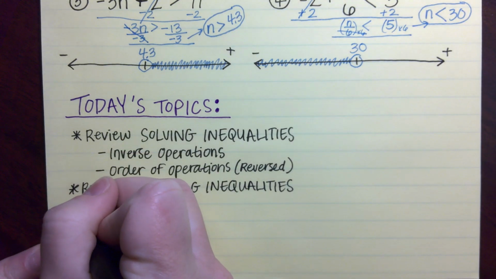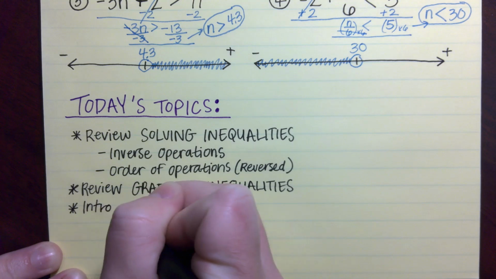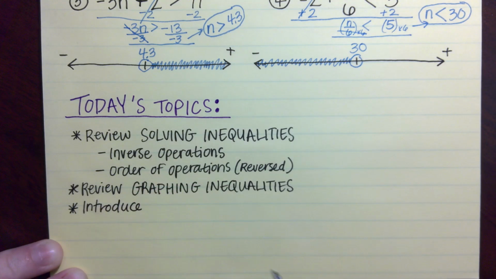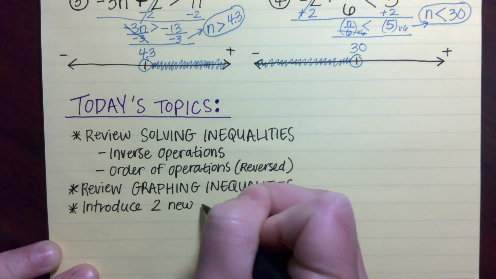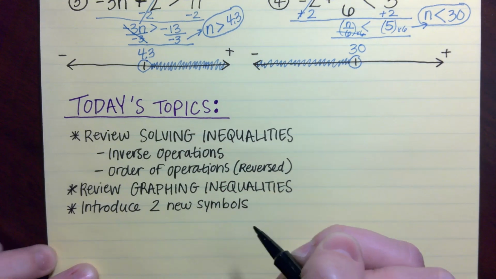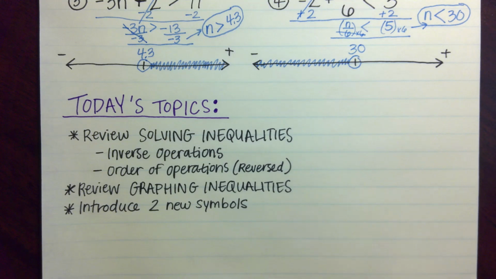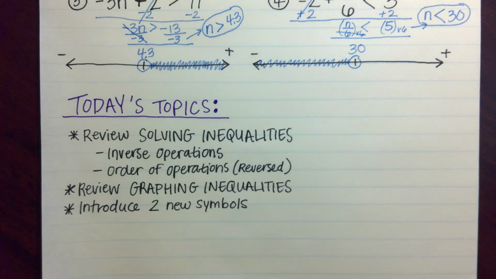And then we are going to introduce 2 new symbols and how to graph them. After we introduce these 2 new symbols, that is all the new symbols we'll have in this unit. There's just 4, and they're very similar to the ones we've already learned.